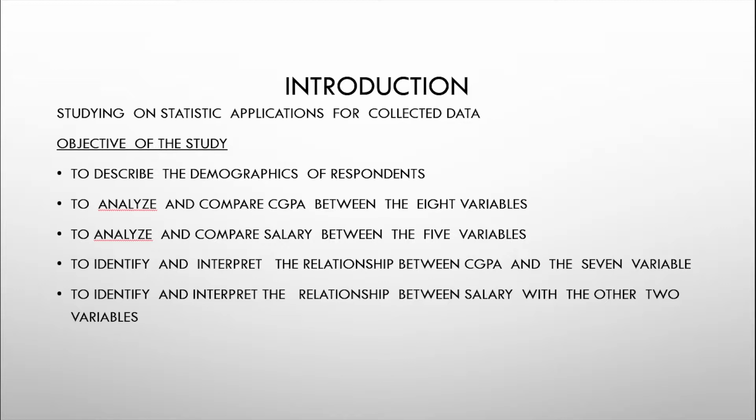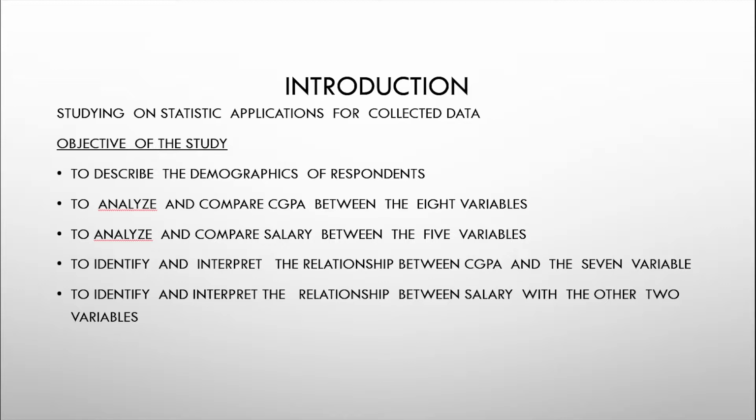These data were displayed statistically with various objectives of the study. The first objective was to describe the demographics of respondents based on gender, race, hometown, admission qualification, CGPA, and family income. To describe this, we use graphical frequency, minimum, maximum values, measures of central tendency, and the rest.